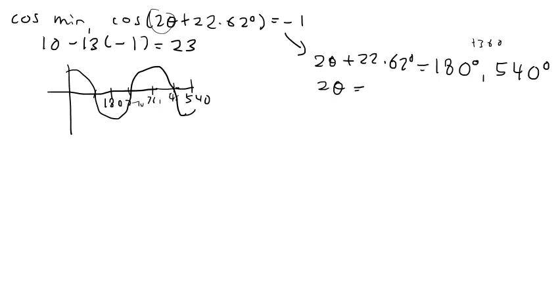Right, so next we subtract 22.62 from 180. So 180 minus 22.62, we got 157.38.